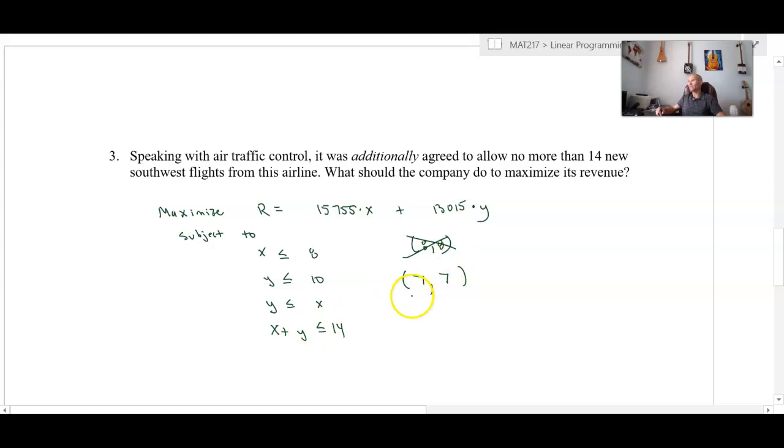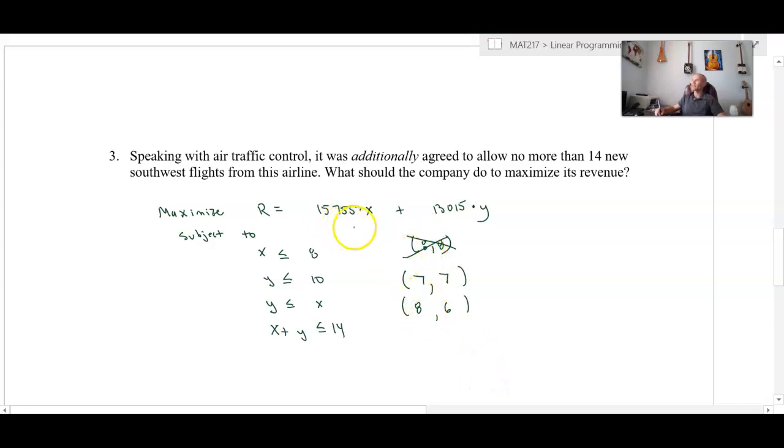The Y value is equal to the X value, and if you sum them, you do get less than or equal to 14. But another way to do this is Y can be smaller than 7, and I can still get 14 flights by making this 8. And those still sum to 14, but look at what we're doing here.